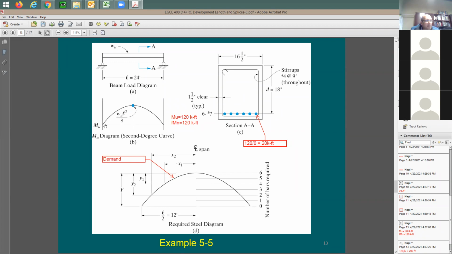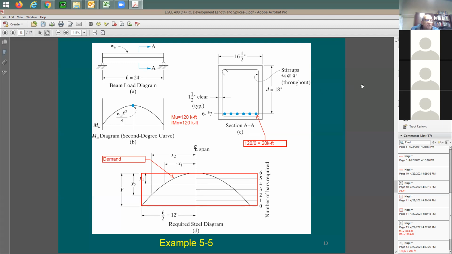This is going to be Mu, the ultimate moment. And the capacity, if you keep these 6 rebars straight from the beginning to the end, your capacity line is going to look like this, because the maximum moment demand is going to be equal to the capacity.